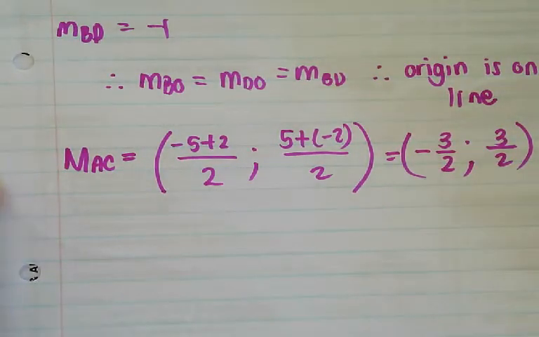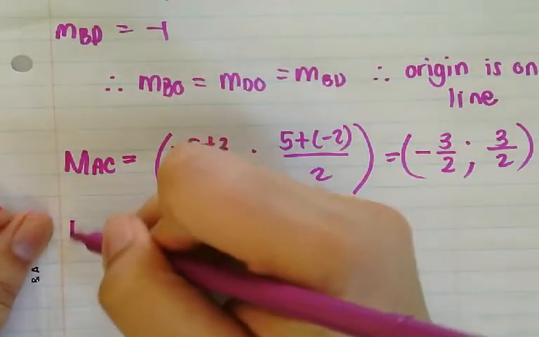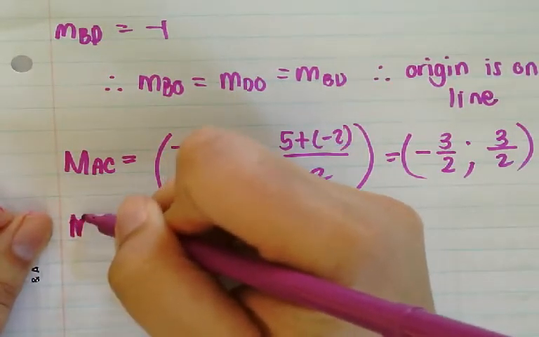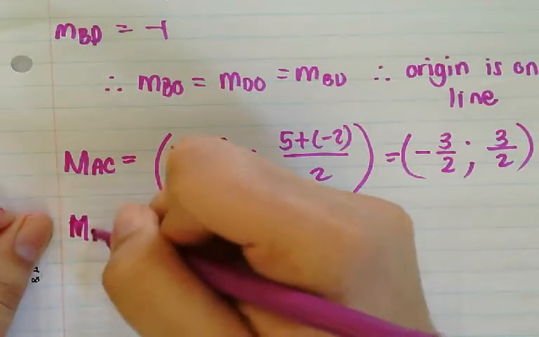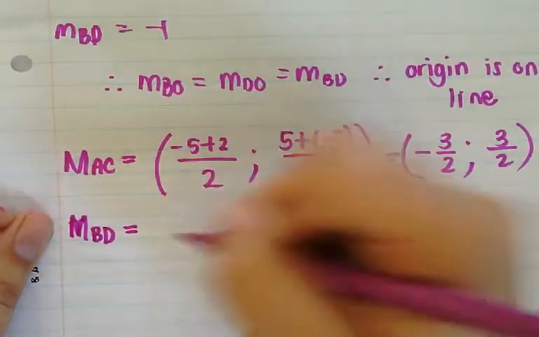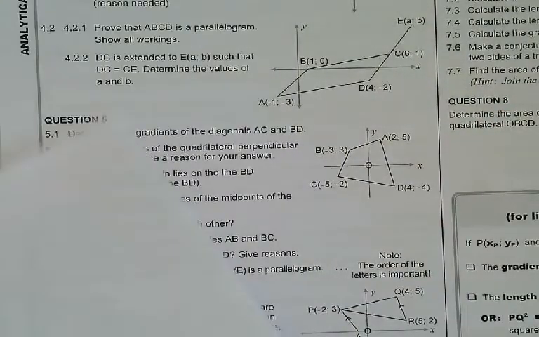Please calculate your midpoint of BD. Sorry, I'm doing capital letters because little letter is gradient. So BD should be just as quick.